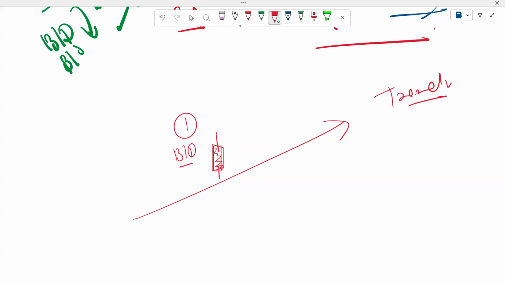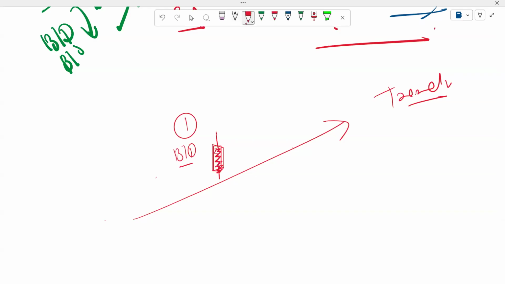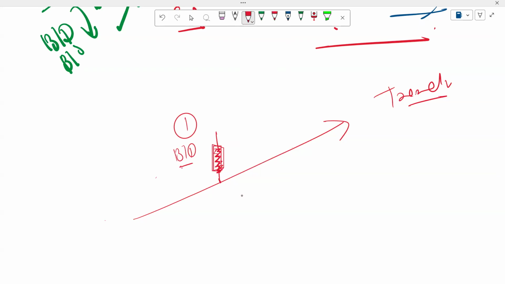Your market is coming up and up above this trend line, and you see this red candle. Is this a breakdown candle? Yes or no? No, this is not a breakdown candle, because for a breakdown your price has to close below this trend line.